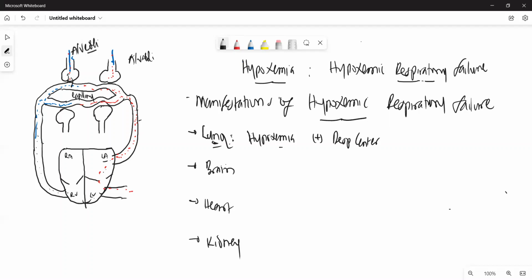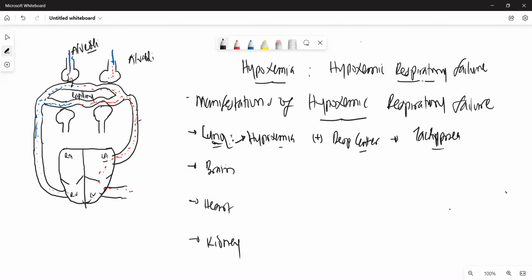And once you activate your respiratory center, it's going to increase your respiratory rate, which is what we refer to as tachypnea. Basically it's trying to make you breathe faster so that you can bring in more oxygen, trying to fix the problem. So when you look at the lungs, the patient has to be tachypneic, breathing heavy, right?